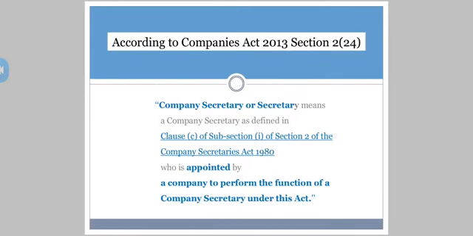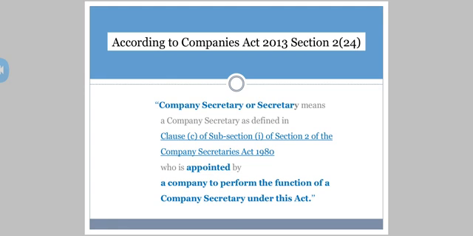Coming to the second definition, according to the Companies Act 2013, Section 2(24), company secretary or secretary means a company secretary as defined in Clause (c) of sub-section (1) of Section 2 of the Company Secretaries Act 1980, who is appointed by a company to perform the functions of a company secretary under this Act.